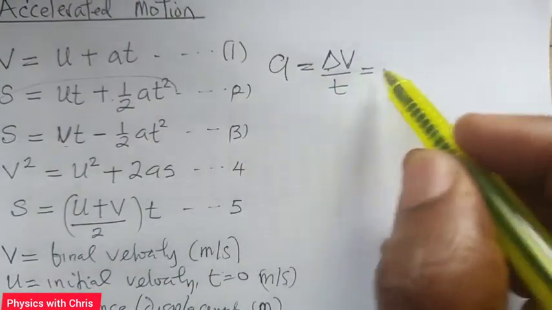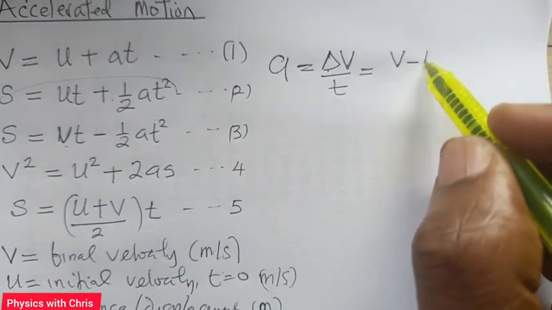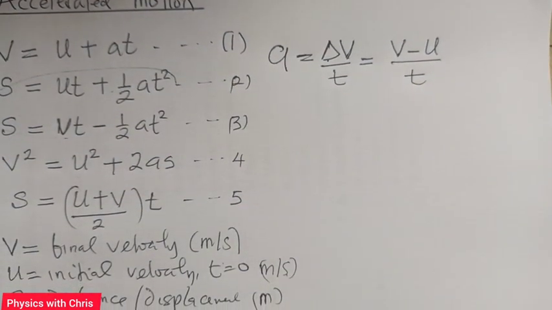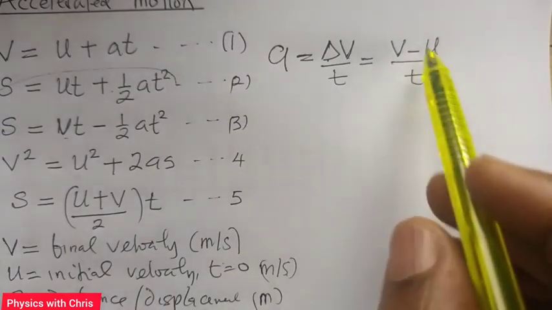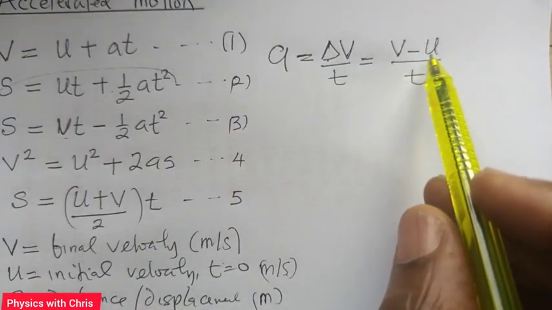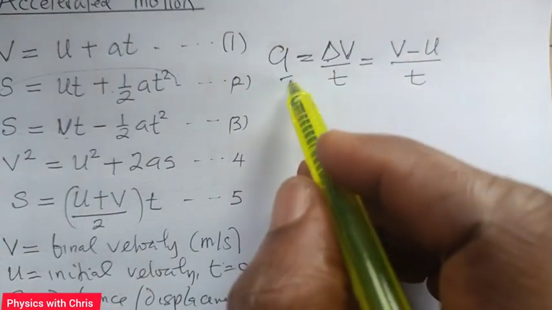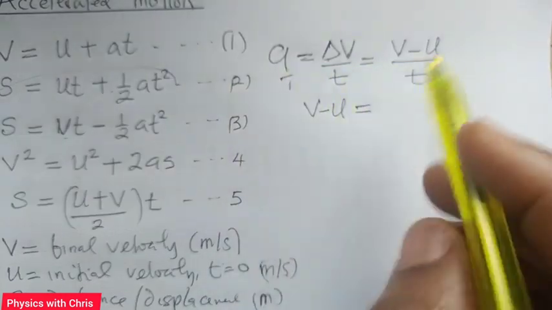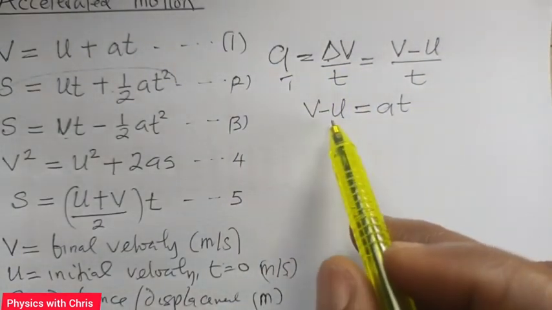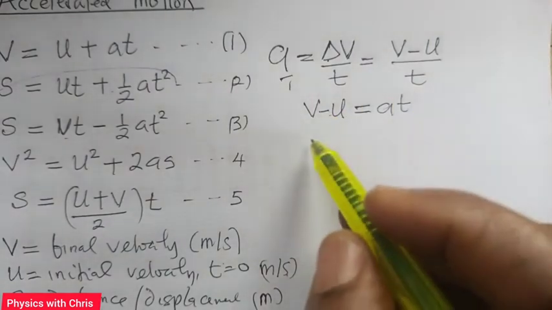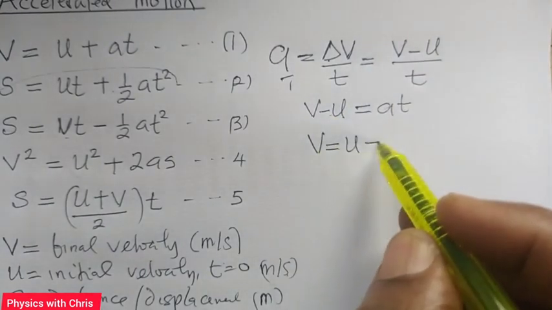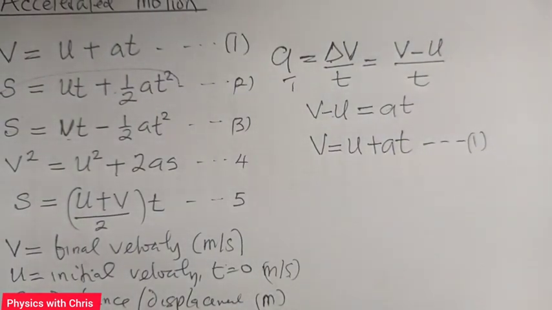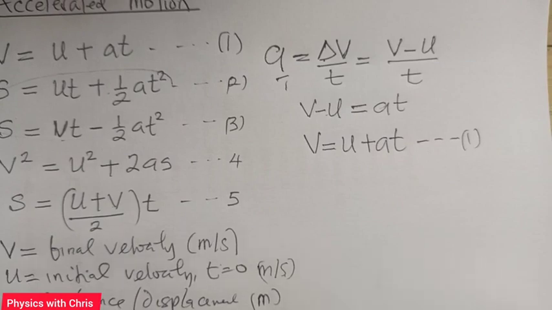So that gives me final velocity minus initial velocity divided by the time taken. This is how we define the acceleration of a body. When I cross multiply, I have v minus u equals the product of a and t, at. Taking minus u to the right-hand side, I have v equals u plus at. That gives the first equation of motion, v equals u plus at.